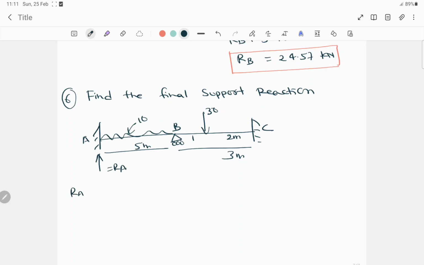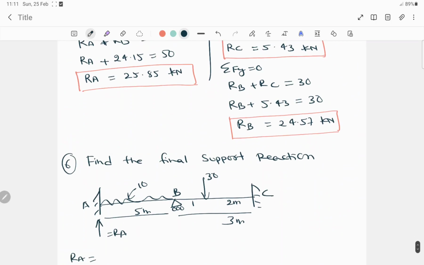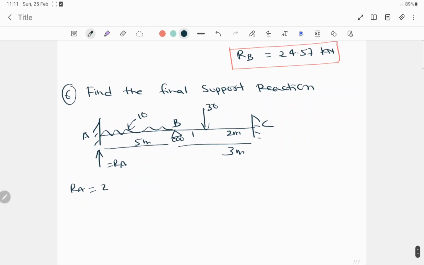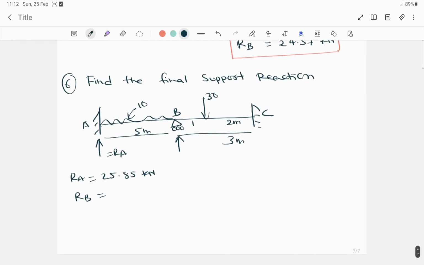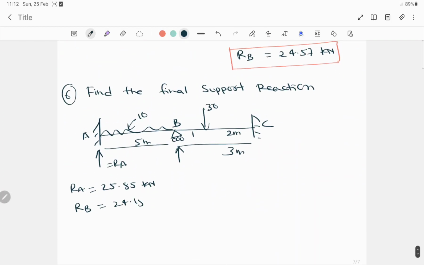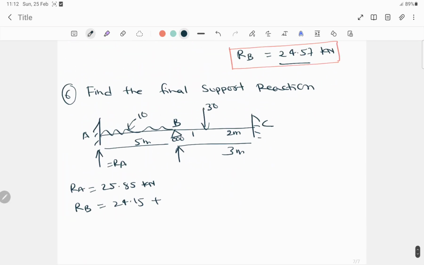So here we have to find the final support reactions. RA value is equal to, what was this? RA is 25.85 kilonewton, and the RB value is, here we have an RB value of 24.15, plus one more RB value is there, right? 24.57.